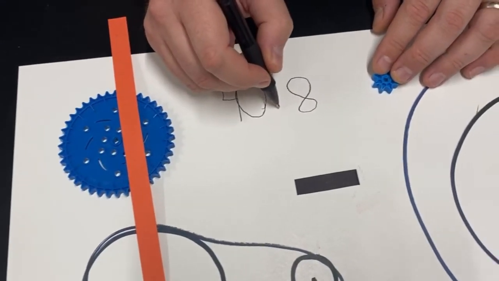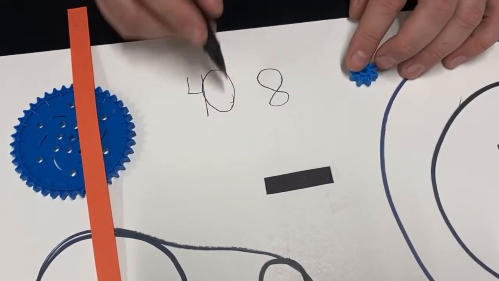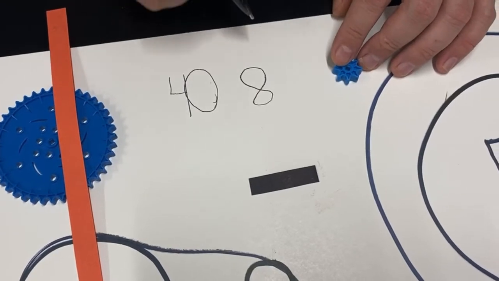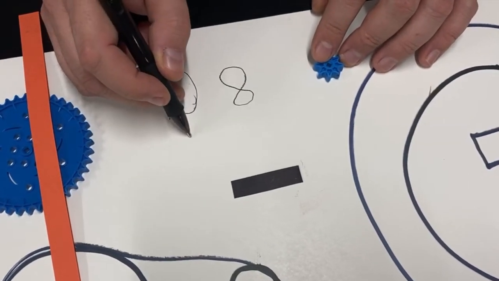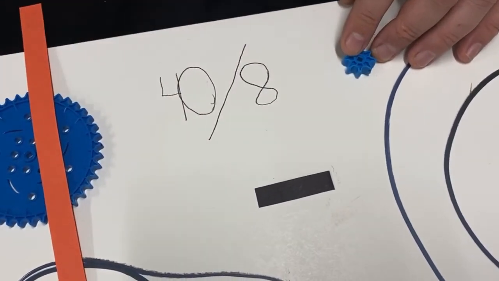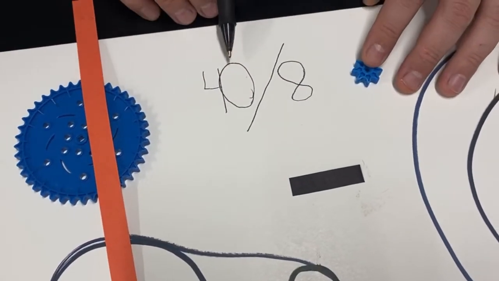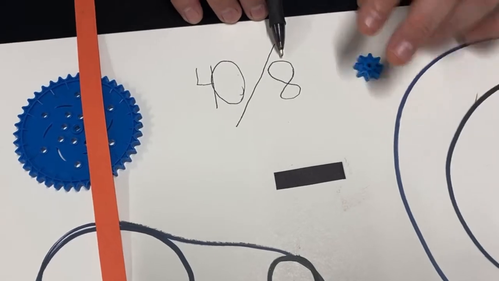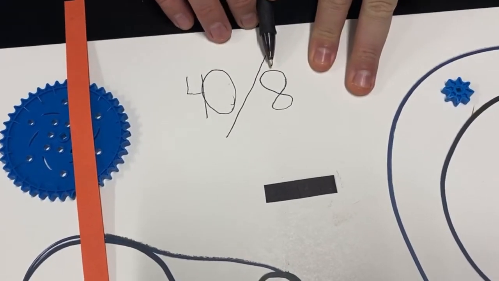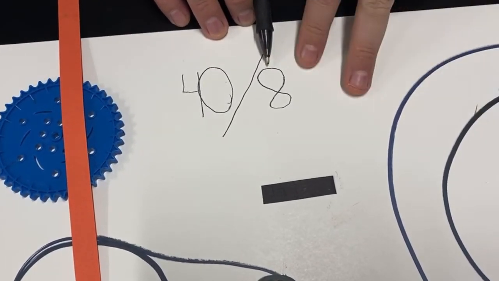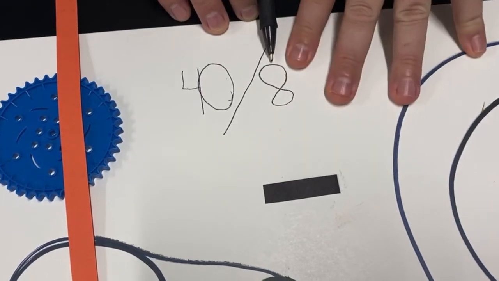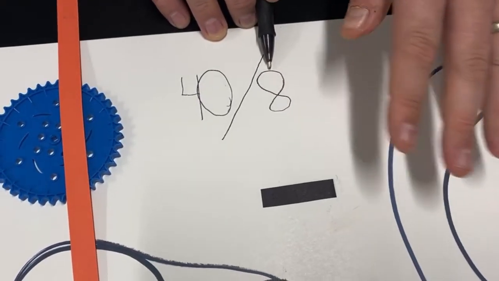Now, you might be tempted to put that little colon there, but then we would actually have it backwards. Here, I'll show you. If you put 40 over 8, we can do some mental math, right? So 2 8s is 16, and 16 and 16 is 32, and then we add one more 8 and we get 40.